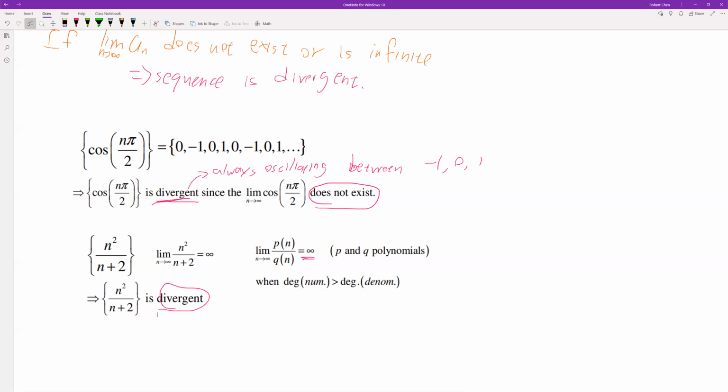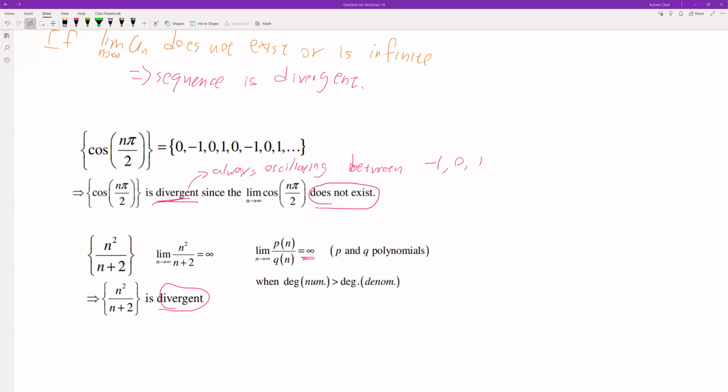So again, we have a collection of numbers, and depending on what behavior we get when we take n to infinity, we can decide whether it's a convergent sequence or a divergent sequence.